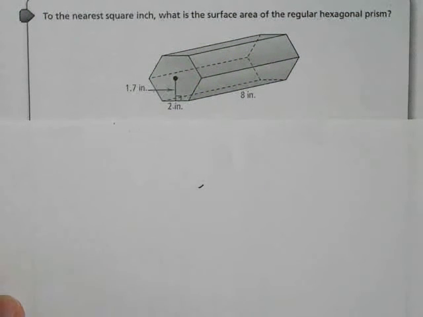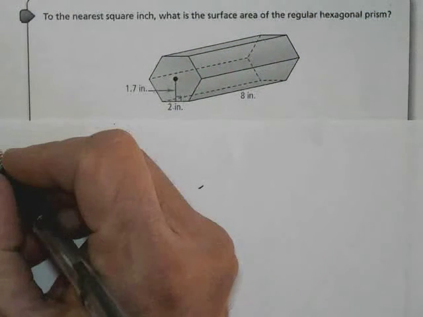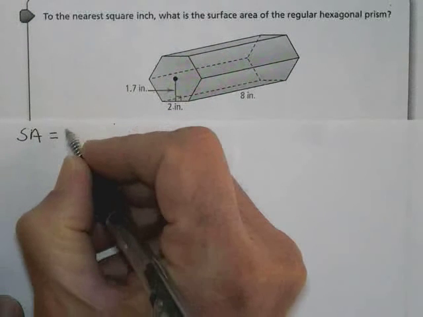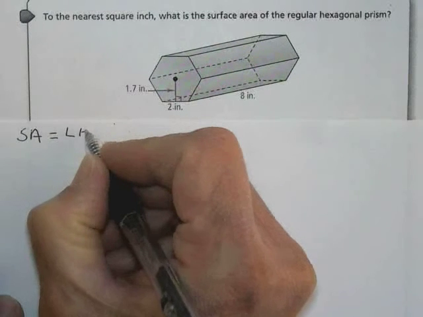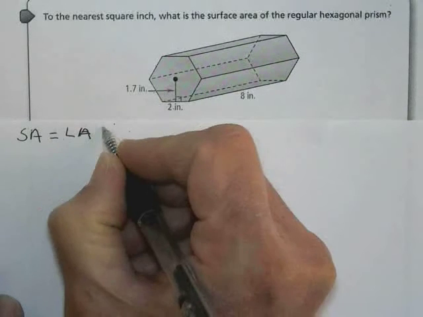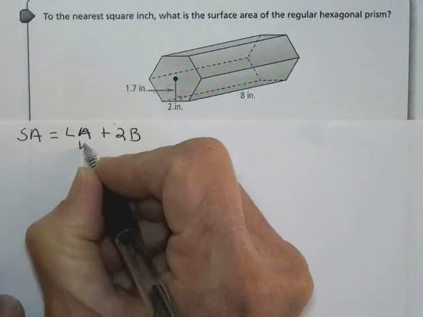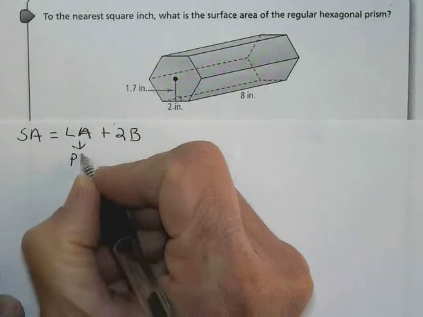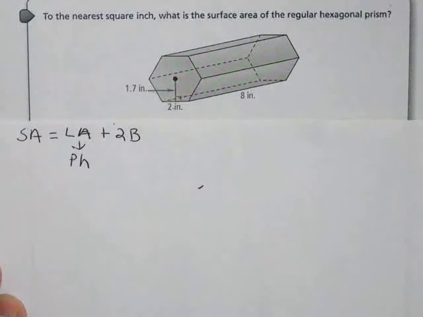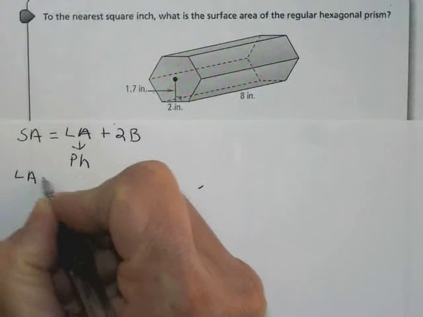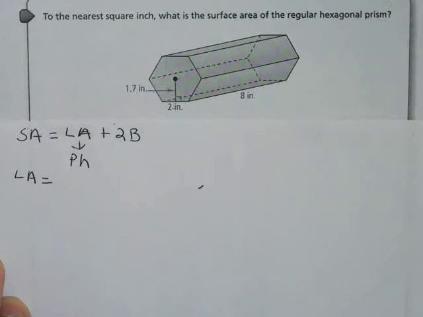Let's start with our formula. We know that surface area equals the lateral area plus 2 times the base. And remember, the lateral area is the perimeter multiplied by the height. So let's start by finding that lateral area. The lateral area is going to be the perimeter, which is 12.